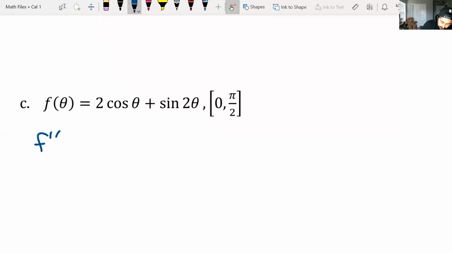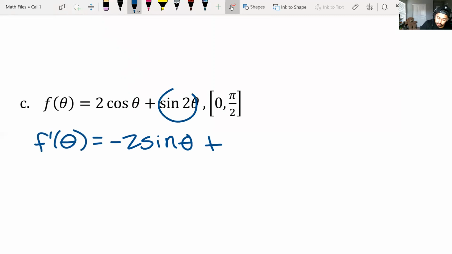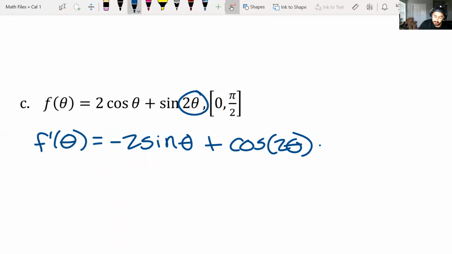So f prime of theta is negative 2 sine theta plus, chain rule this, right? Derivative of sine is cosine, so you get cosine 2 theta times the derivative of the inside, 2 theta, which is just 2.